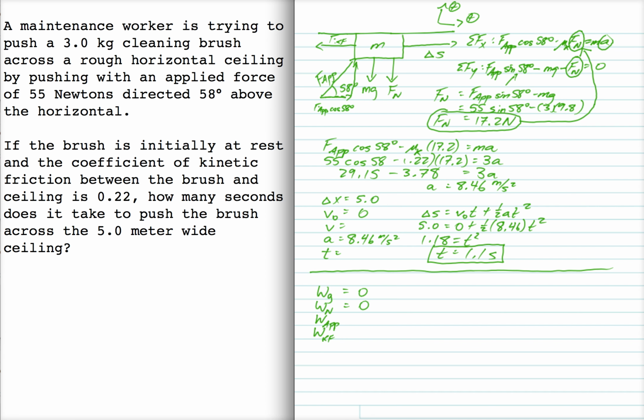Both of those are perpendicular to the motion. Let's see, the applied force is going to be the force times the displacement times the cosine of the angle between them. Remember that the applied force points 58 degrees above the horizontal. So if I put the two tails of those vectors together like that, then the angle between them is 58 degrees.